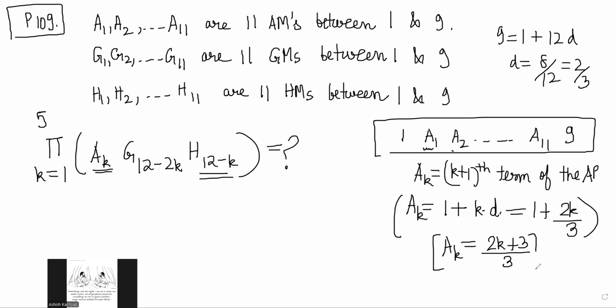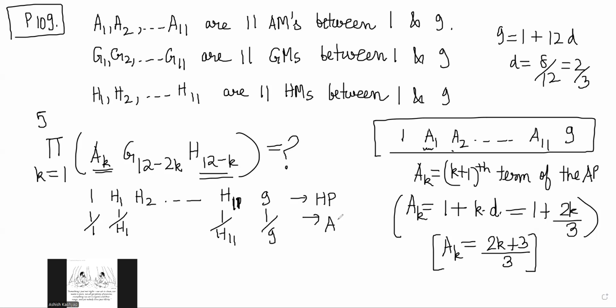Okay, great. Similarly, we have to figure out our H of 12 minus K also. So what is H of 12 minus K? We have 1, H1, H2 till H11 and 9. These are in HP. So 1 by 1, 1 by H1, 1 by H11 and 1 by 9 will be an AP.